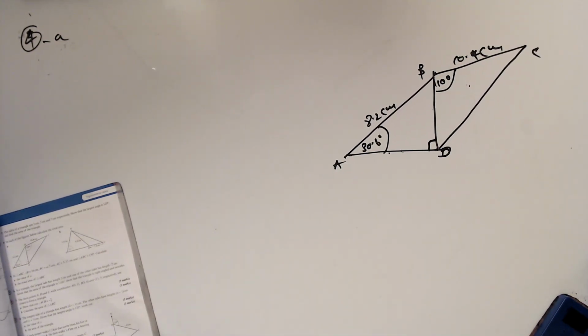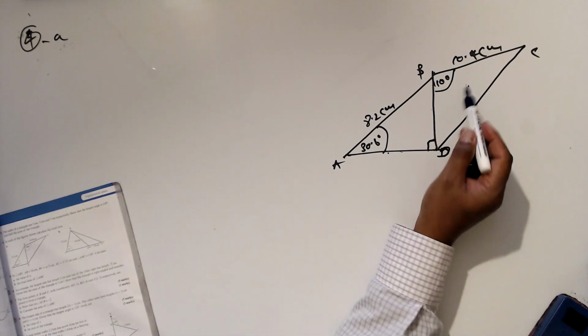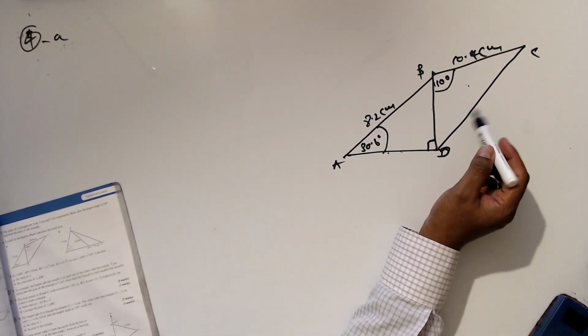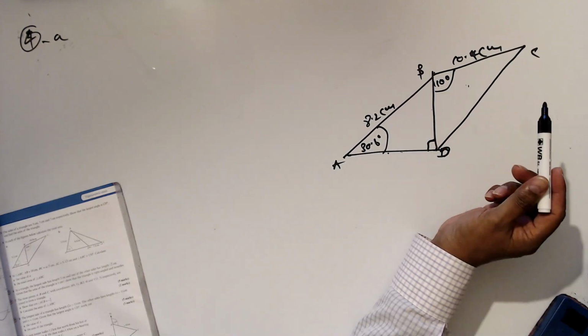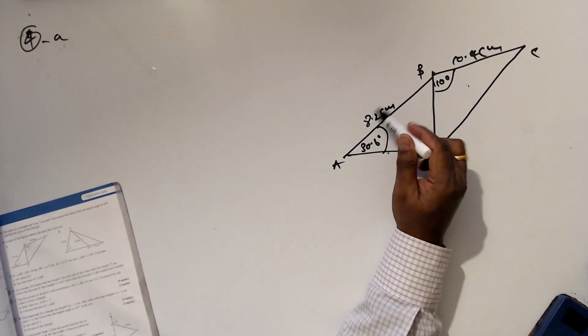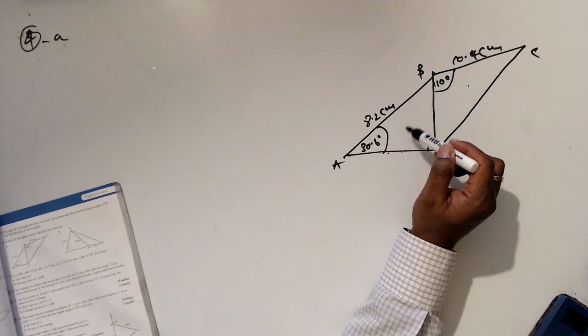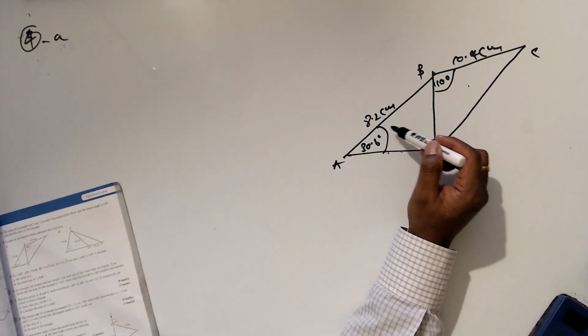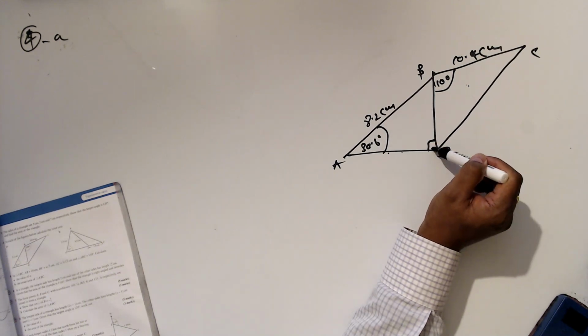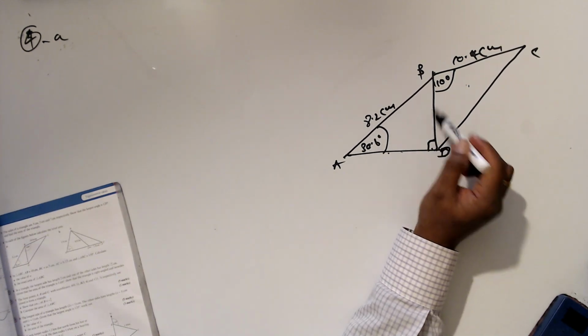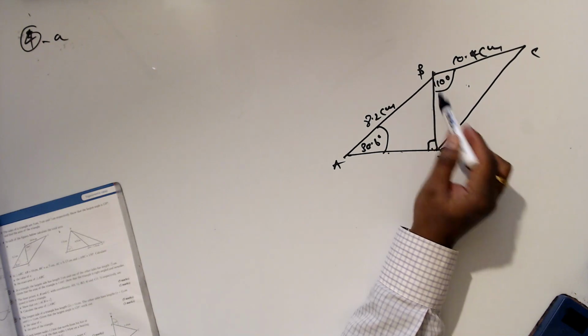So which triangle has more data? I think this triangle has 1, 2, 3 data. This is 2. Okay, we'll stay with this one, and I can see that we know two angles, so I can use sine rule.